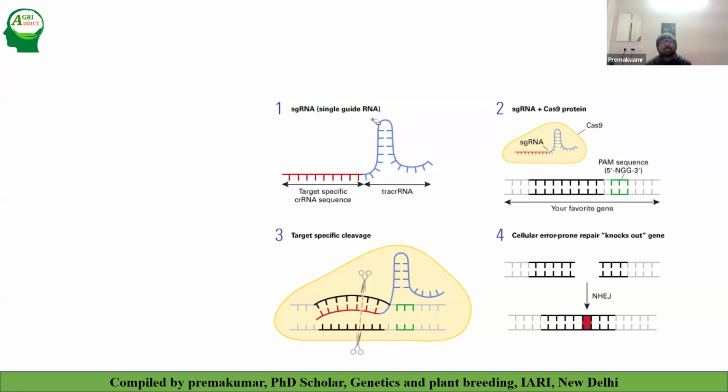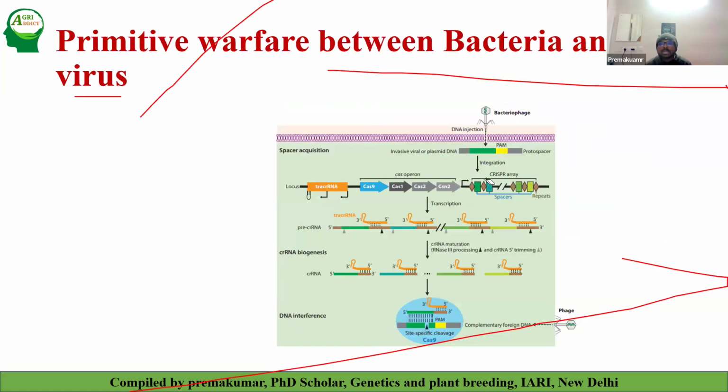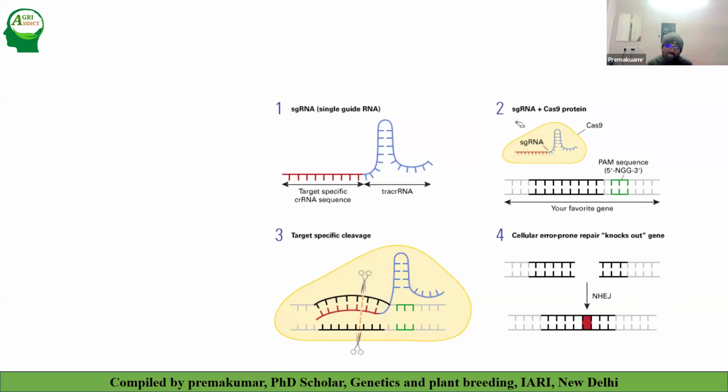In the bacterial system we normally have two types, tracer RNA and pre-CRISPR RNA, which then become tracer-CRISPR RNA. But in the artificial system we have only one RNA called single guide RNA, which has both your target specific sequence and tracer RNA.